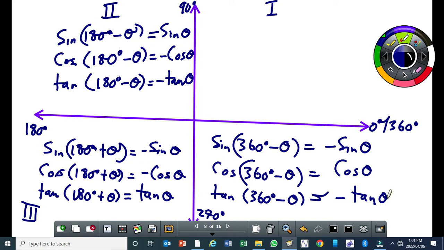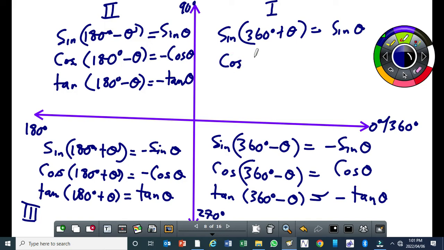Okay, now for the first quadrant, we can just add 360 and theta. And then we can write this as sine 360 degrees plus theta. This will be equal to sine theta.